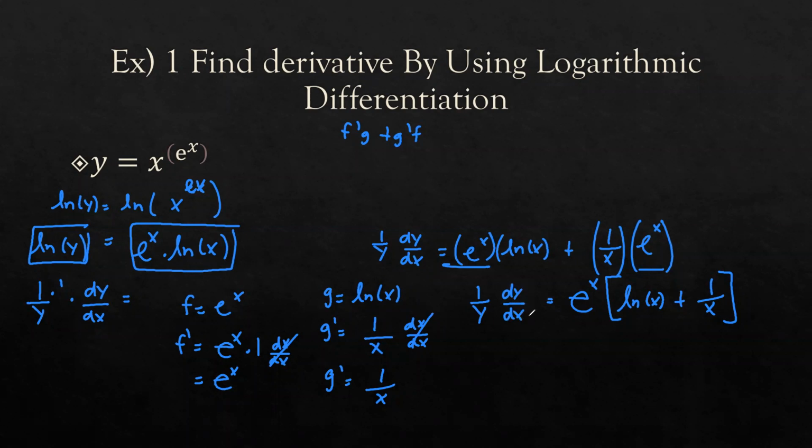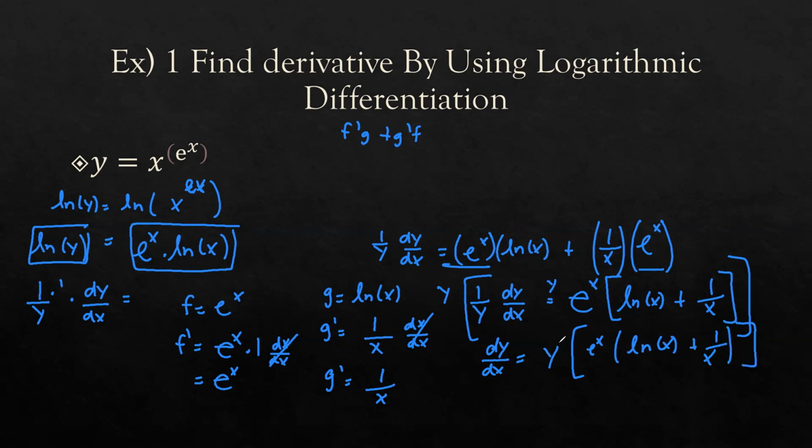And then to solve for dy dx, you have to get rid of this 1 over y by multiplying both sides by y. So you have dy dx equals y times e to the x times ln of x plus 1 over x.